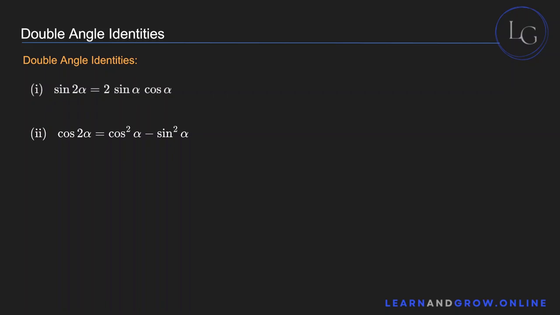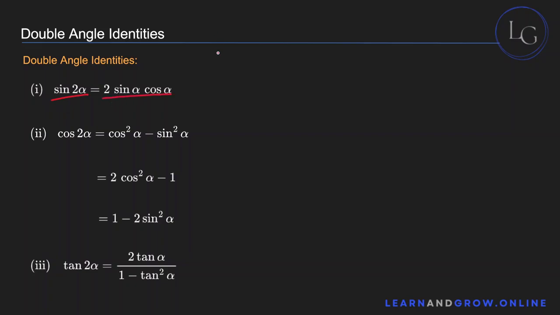Just know that these will be given to you, or you'll have to memorize them just to make your life a bit easier. But again, all of these can be proven as well. Here's an example: sine 2 alpha. How did it become 2 sine alpha cos alpha? You know that sine of alpha plus beta is equal to sine alpha cos beta plus sine beta cos alpha.